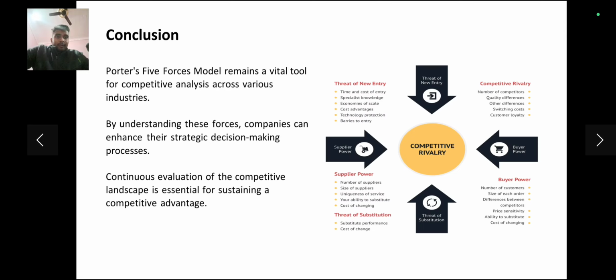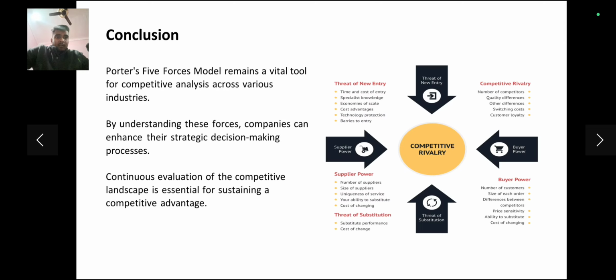Rate of new entry, time and cost of entry, specialist knowledge, economies of scale, cost advantages, technology protection, barriers to entry. Competitive rivalry: number of competitors, quality differentiation, other differences, switching cost, customer loyalty.